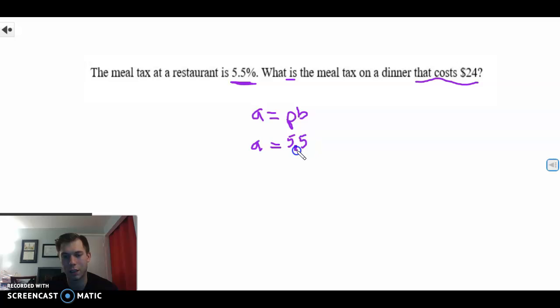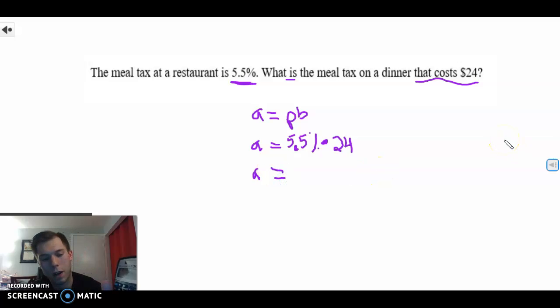Anytime you start getting decimal percents, this is where I recommend using the percent sign in your calculator. Multiply it by the whole. The dinner itself cost $24. That's the whole amount.